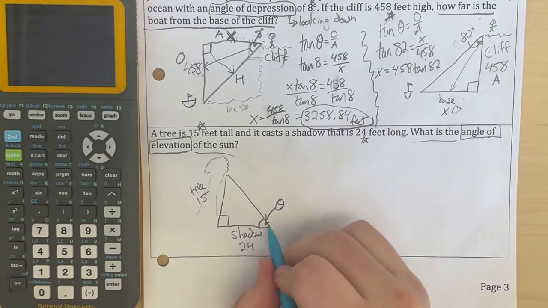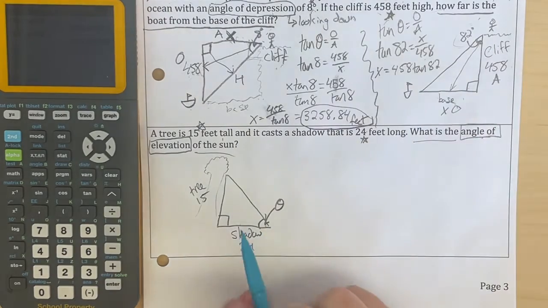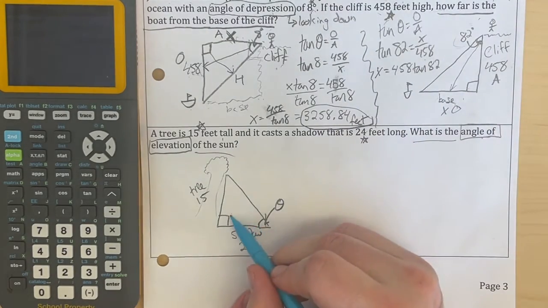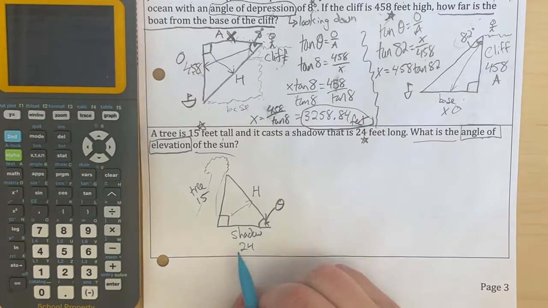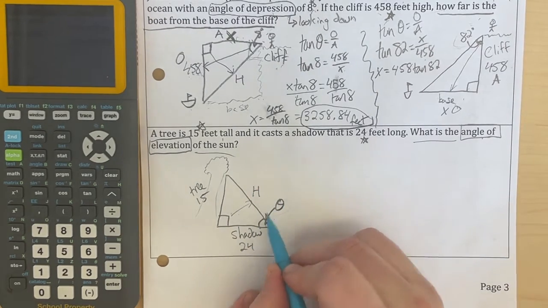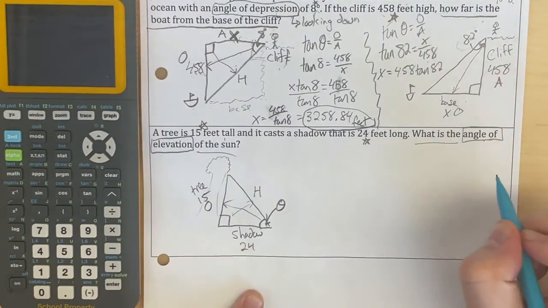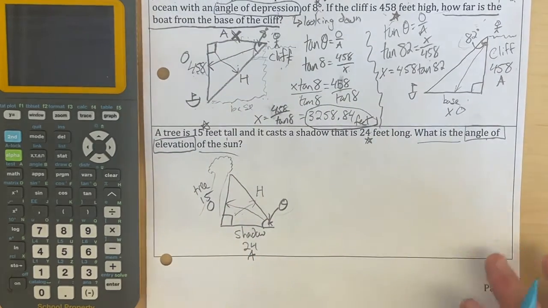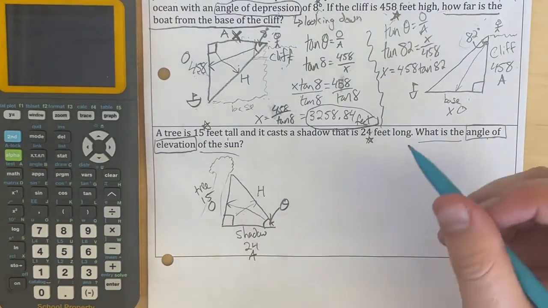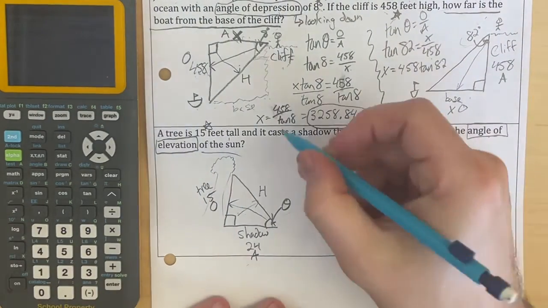So again, make sure you can set it up like this, because that way it will give you what you need. Once you have your picture, make those labels. Across from the right angle is hypotenuse. Angle theta, across from angle theta is our side opposite, which is 15. And then our adjacent side is going to be 24. Once we have that, we can pick our ratio. I have O and A, so that means still going to use tangent.